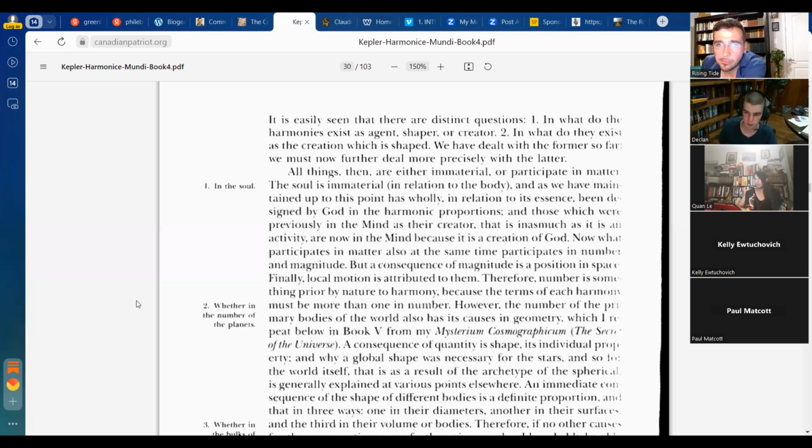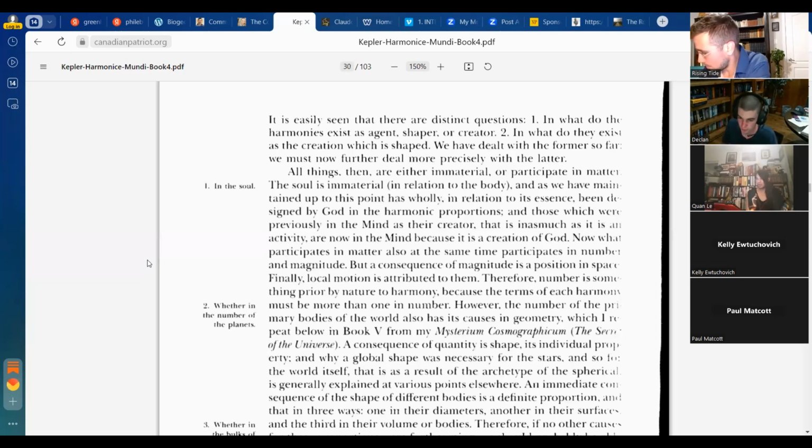All things, then, are either immaterial or participate in matter. The soul is immaterial in relation to the body, and as we have maintained up to this point, has wholly, in relation to its essence, been designed by God in the harmonic proportions, and those which were previously in the mind as their creator, that is, inasmuch as it is an activity, are now in the mind because it is a creation of God.